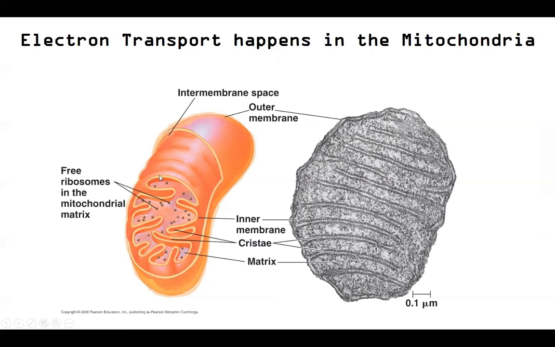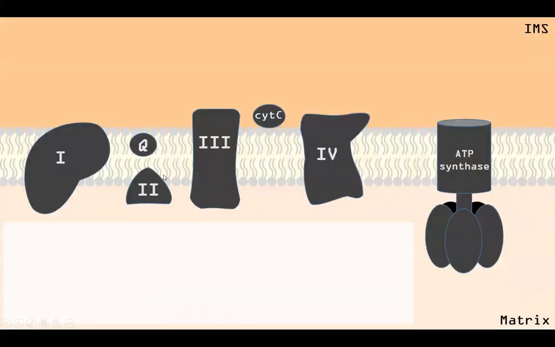On the next slide, we're going to start to become acquainted with the complexes of electron transport. What we're going to be looking at is this inner membrane. We're going to be situated right here for the majority of what's going on today. Here is our inner membrane, that phospholipid bilayer.